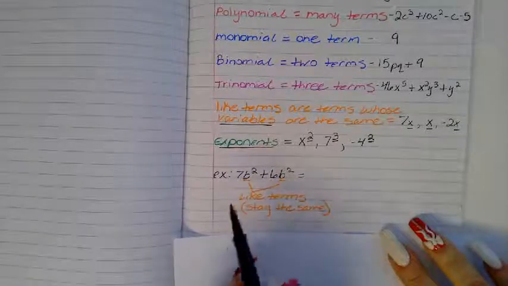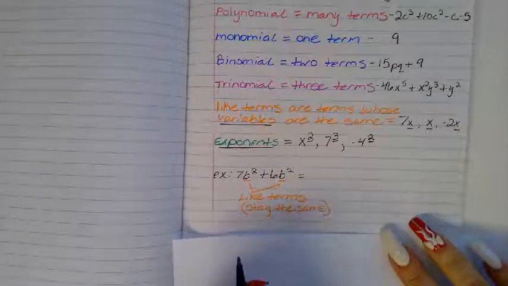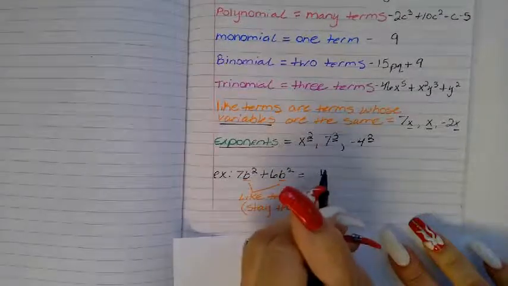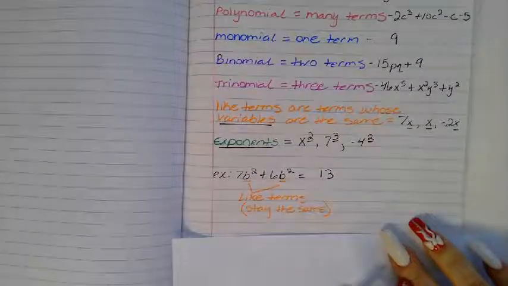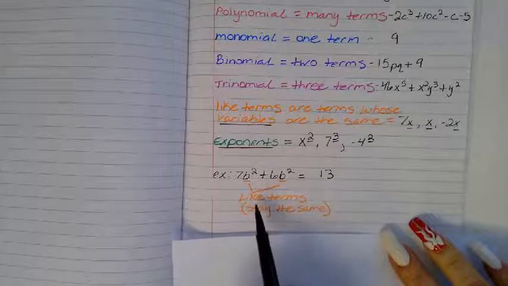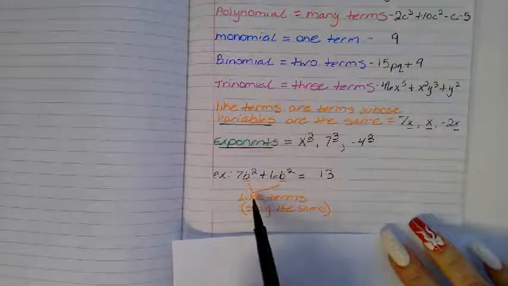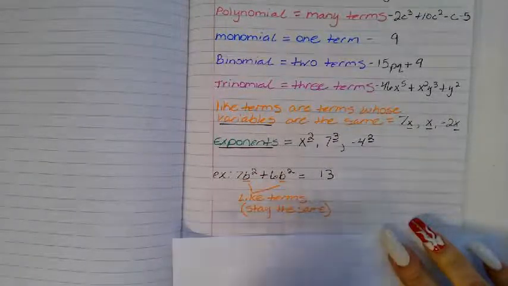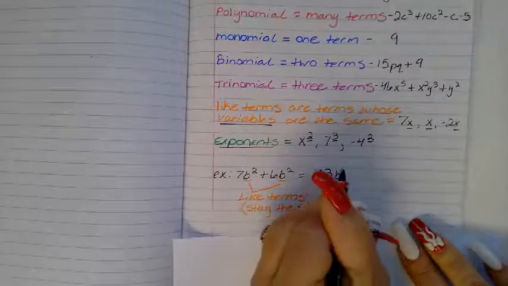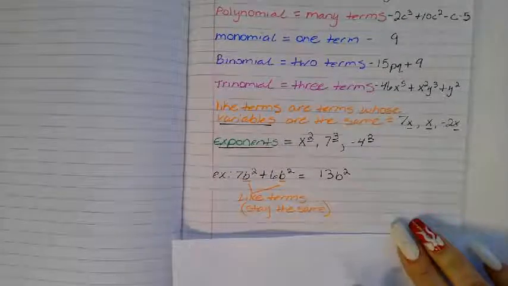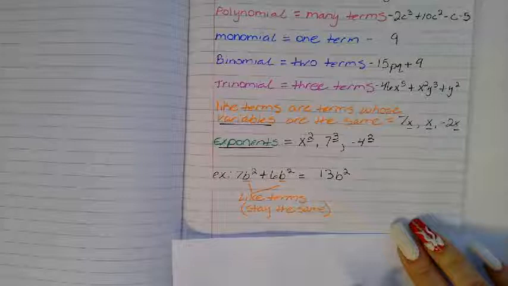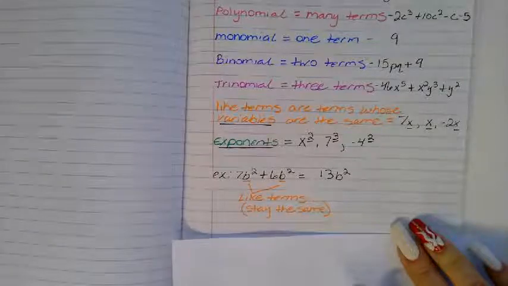So 7 plus 6, that should give us what, 13? Okay. And then like I said, the b squareds, those are like terms, so they stay the same. We don't do anything to them. We just write them after we add the 7 and the 6. So that one would just be 13b squared.